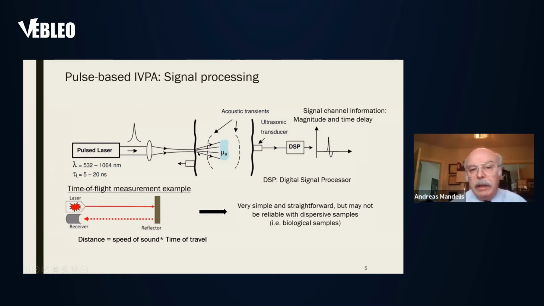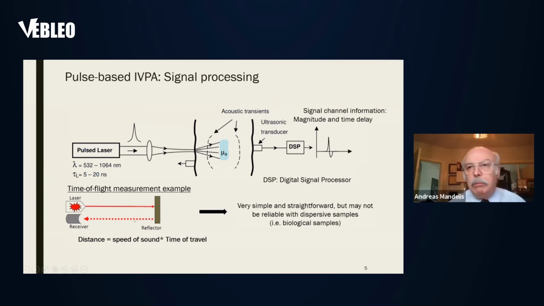It propagates in the tissue, gets absorbed by the medium that you're interested in. That mu sub A is the absorption coefficient, which now generates acoustic waves, and these are the wavefronts of the acoustic waves in the forward and in the reverse direction. And then finally, you have an ultrasonic transducer, either in transmission or in backscattering, and a digital signal processor that is going to pick up the signal and analyze it.